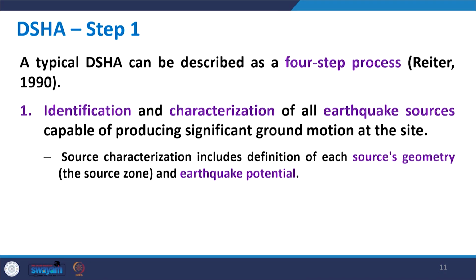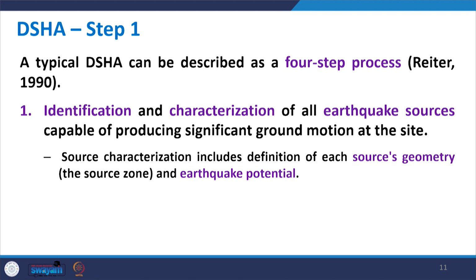The first step is identification and characterization of all earthquake sources capable of producing significant ground motion at the site. So, we need to identify the sources and then characterize them. Characterization of these sources can be done in many ways. One way is its size, that is, its magnitude.